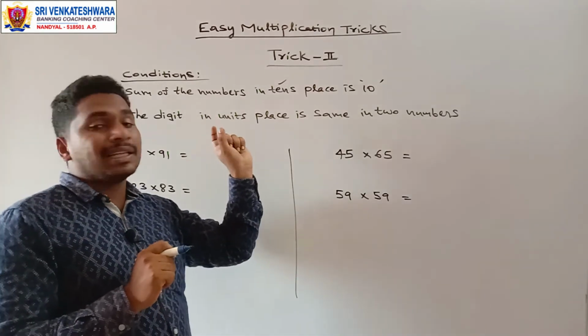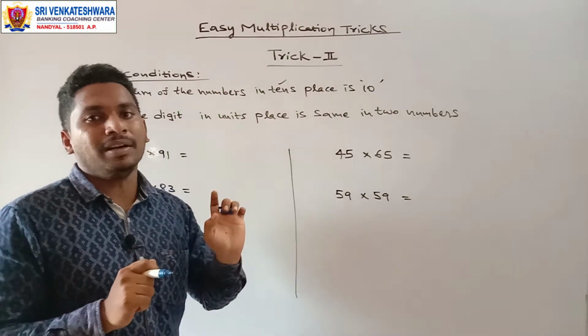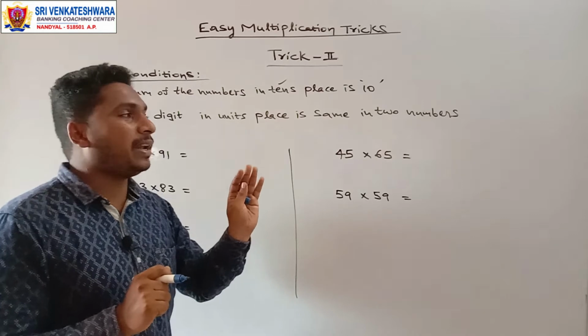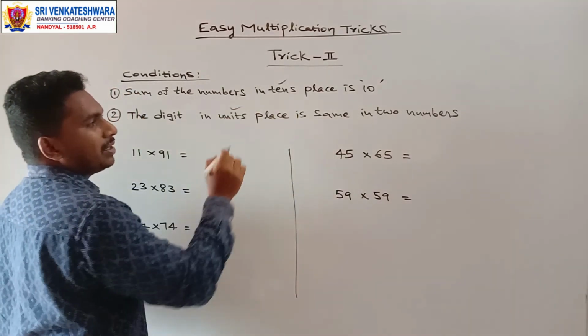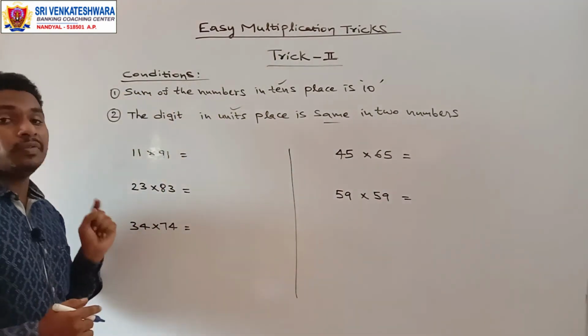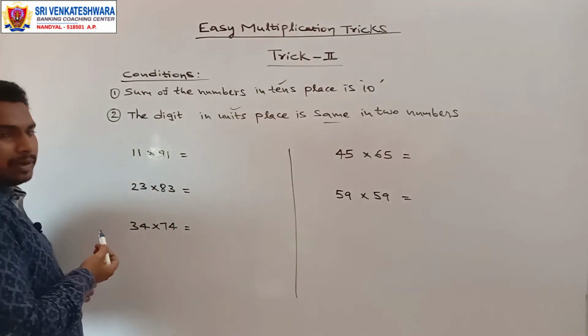Here it is opposite to that. The sum of the numbers in tens place must be 10 and the numbers present in units place must be equal. So the digit in units place is the same. Here we have examples. In units place the number is the same, that is 1.